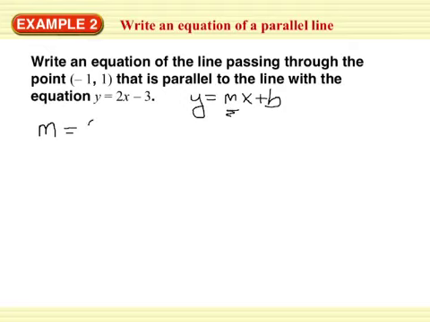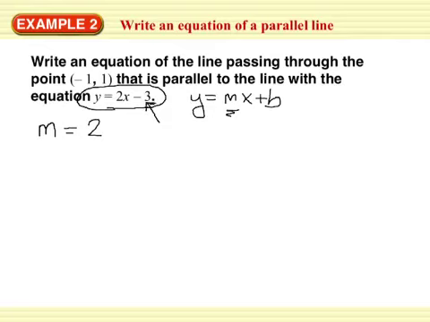M is your slope. It's 2. Now we need to use the slope and the point to find our new b. This equation crosses the y-axis at 3.